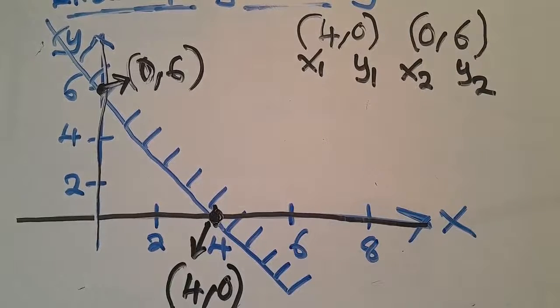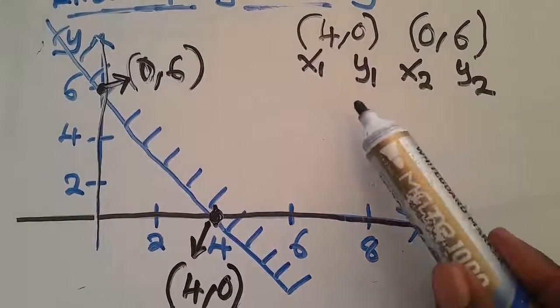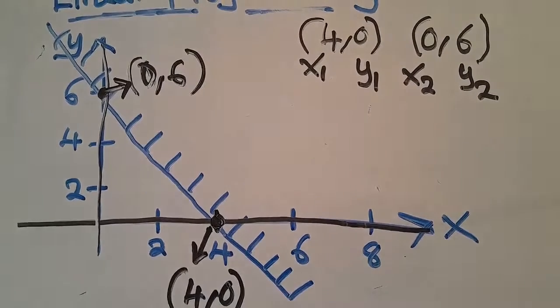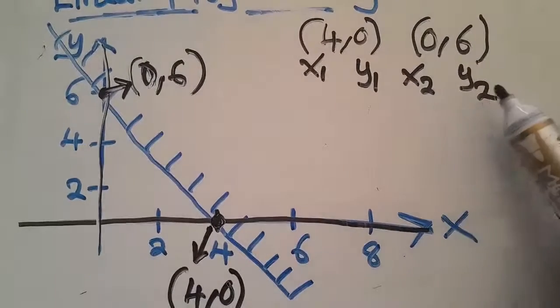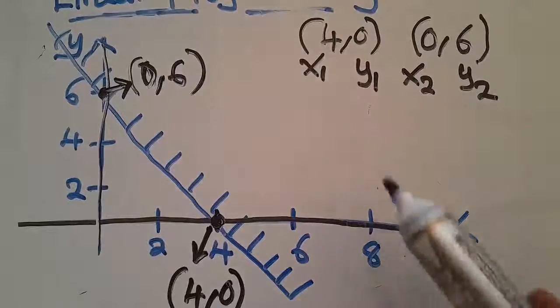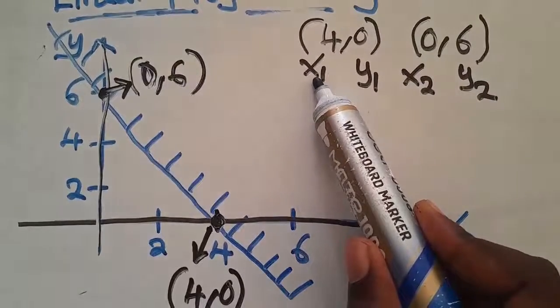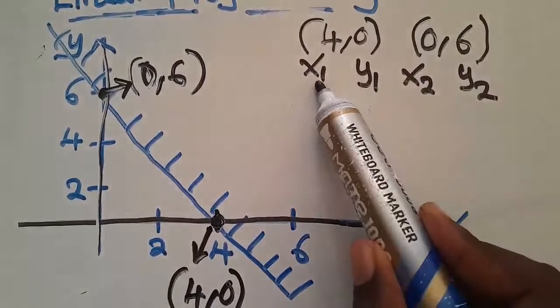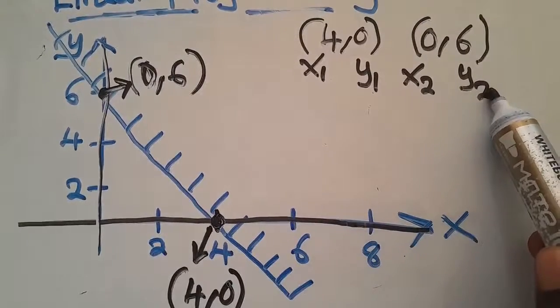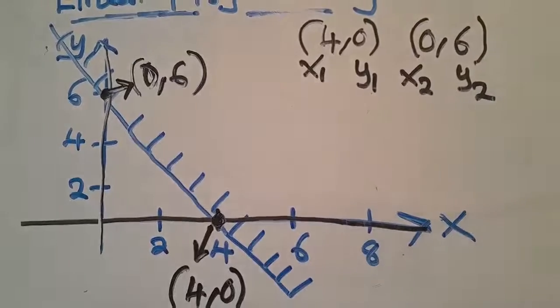You may ask how did you know that this is x1, this is y1? You don't need to worry about that. You can start with anything, as long as you put them in an ordered pair. You can't say this is x1, then you say this is x2. No, x1, y1. If this is x2, the other one will be y2 in that order.